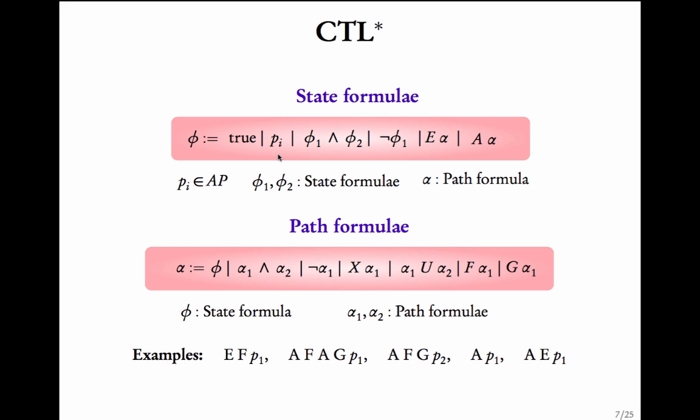So these are all valid formulae of CTL star. This is giving us the syntax of CTL star. Any string that can be derived out of these rules is called a CTL star formula, and it could either be a state formula or a path formula.